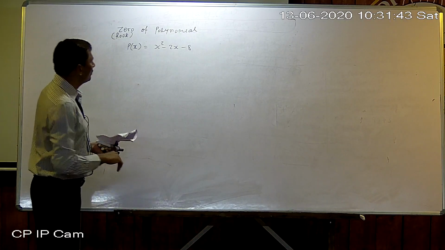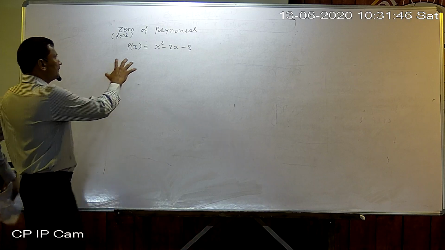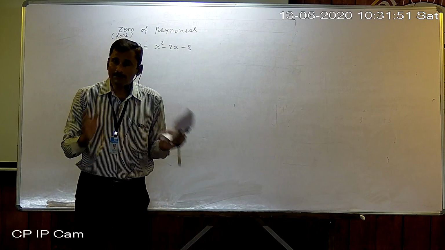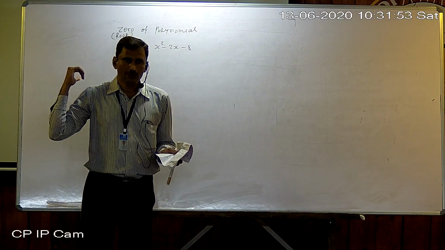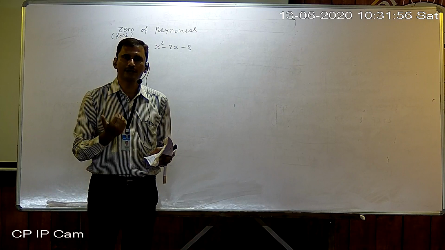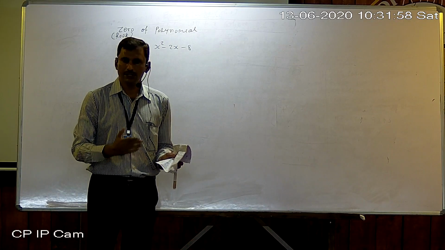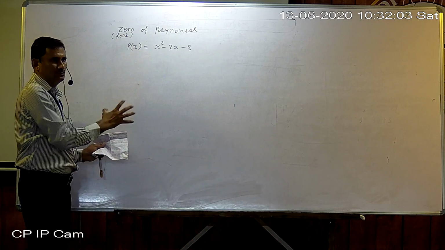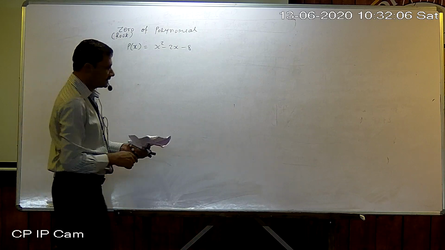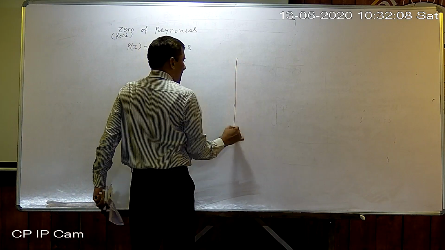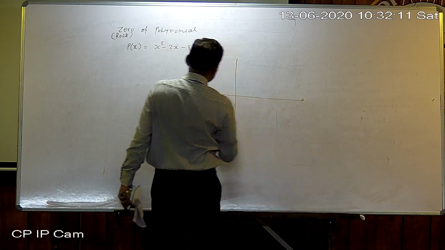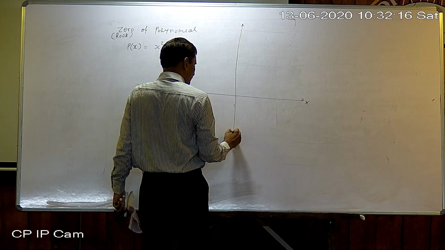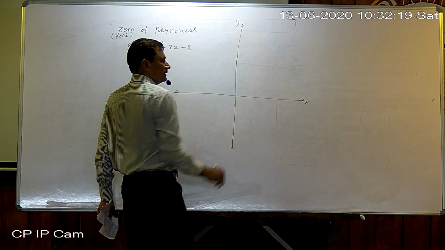Now, before we go to the algebraic portion, we will go through the graphical representation. Not to draw a graph, but if we are given a graph, how to interpret it. That is our first topic. Then we will go to find zeros. Suppose you take the variable on the x-axis, the horizontal axis, and the value of the polynomial on the y-axis.